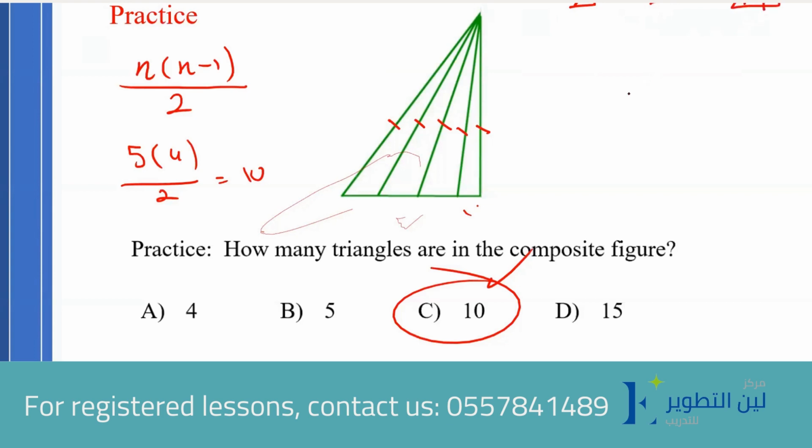How many? No, not 4. Here we have 1, 3, 6. Thank you. So the idea is, this is 1, this is 1 plus 2, this is 1 plus 2 plus 3, isn't it? That is 6.